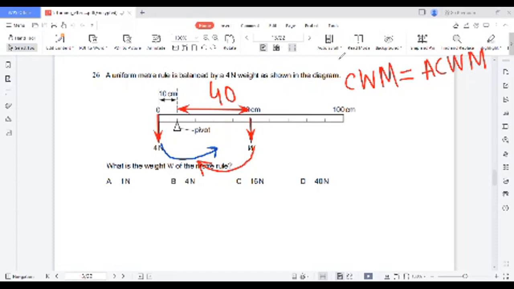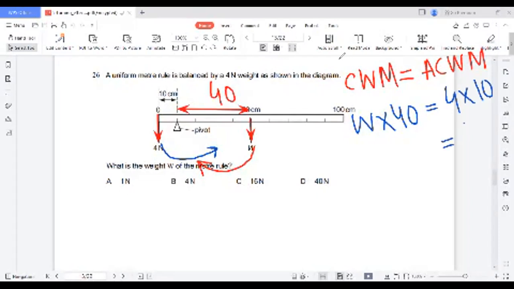So we know that moment is force into perpendicular distance. Force is weight and perpendicular distance is 40. For anti-clockwise moment, force is 4 and distance is 10.